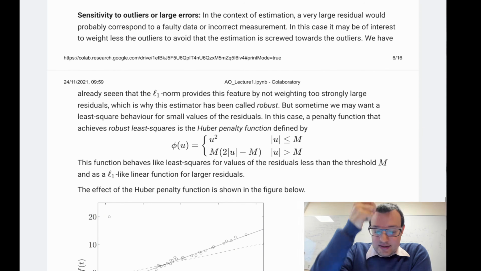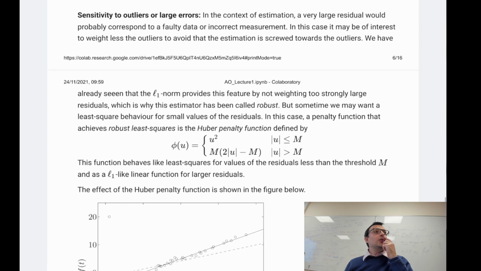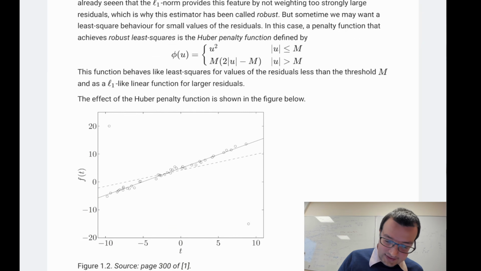Very related to what we discussed is what happens if, for instance, you have a few residuals which are very large. They can be considered as outliers, they can be considered as errors. So you have a certain distribution, for instance, let's look at this figure here.